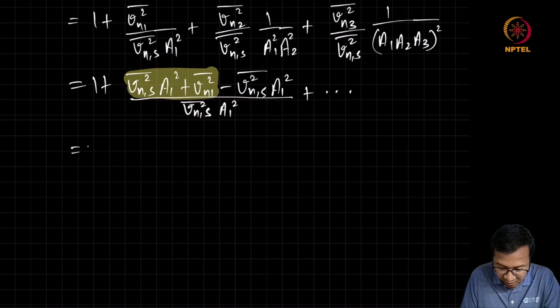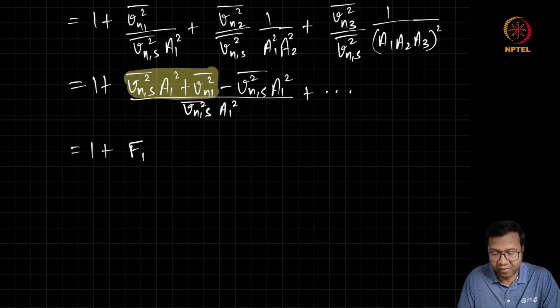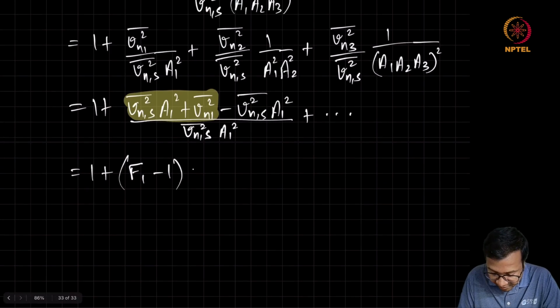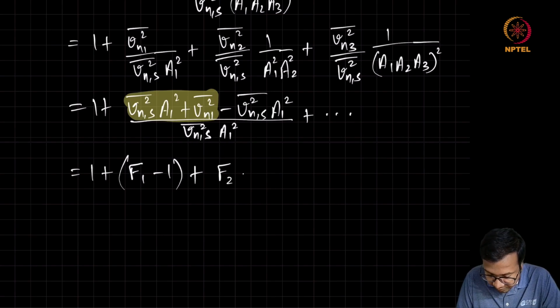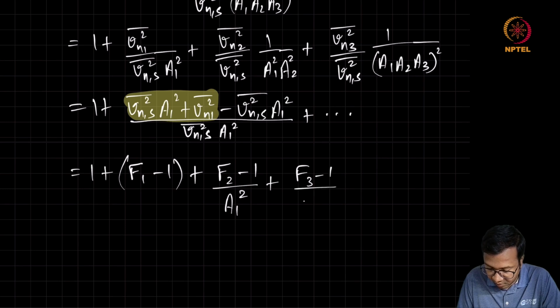This is, from our definition, the same as the noise figure of first stage, and then we get this term which is divided by the same. We get this 1 plus f1 minus 1, and if we extend this same technique, we'll find that we get this f2 minus 1 divided by a1 square plus f3 minus 1 divided by a1 square a2 square.